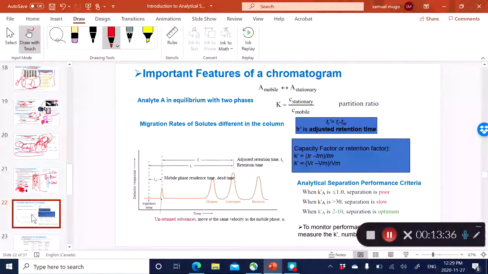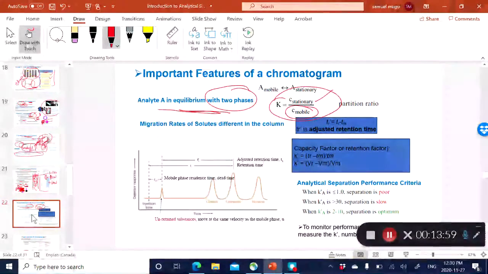So what are the important features in a chromatogram? I think it's important for you guys to remember, as I've said, that the analyte partitions between two phases, say the stationary phase, which is a liquid that is immobilized, and the mobile phase. And so, of course, you know how to calculate the K, which is the relative ratio between the two concentrations.